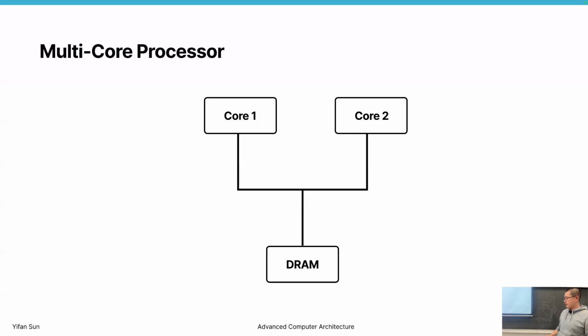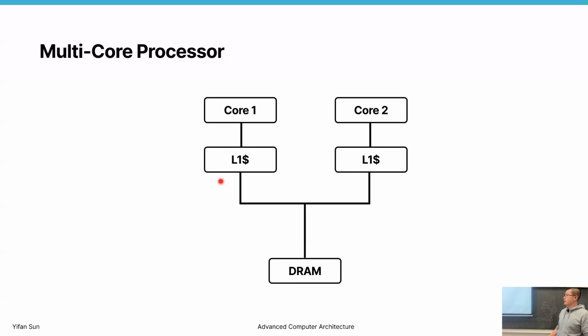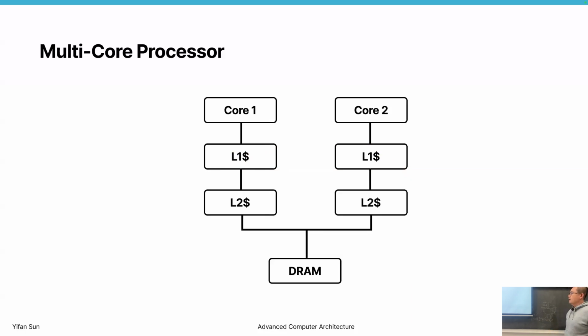When there's only one unit, only one DRAM, there's no problem at all. But after we insert L1 caches, which we typically call core side caches in GPU terminology, we start to have a cache coherency issue, because this L1 cache and that L1 cache will have different versions of the data.